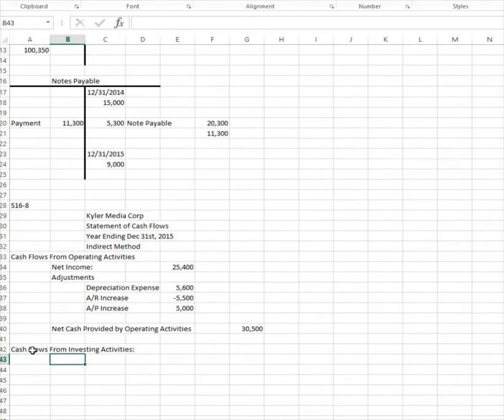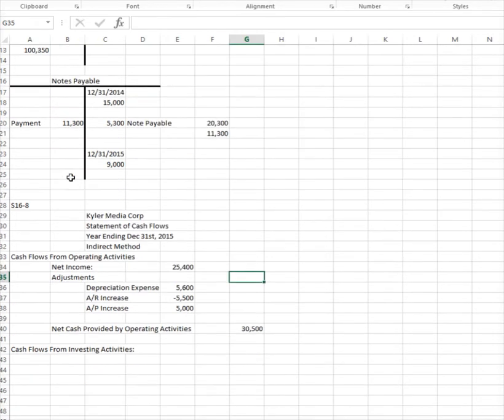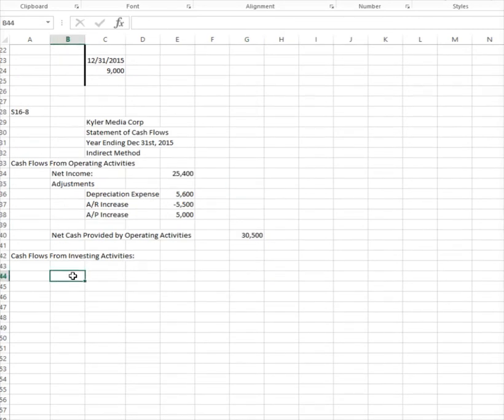And for this one, we really only have the purchase of the plant assets that we saw back up here in requirement 1 of the previous question, and we see that that amount was $16,600. So we have cash purchase of plant assets.